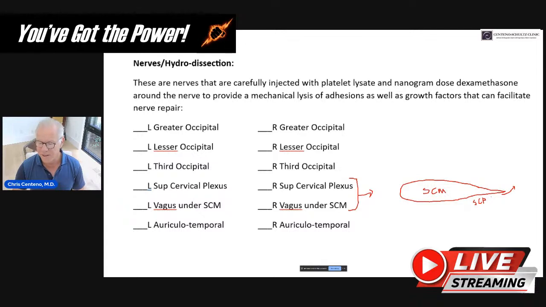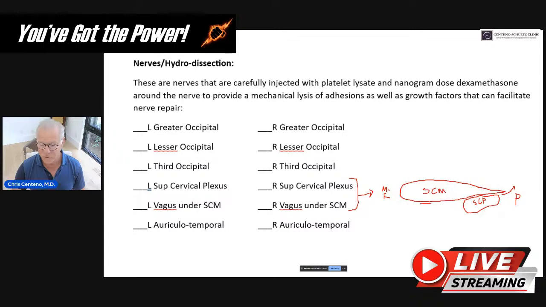And under ultrasound guidance, that means we're hydrodissecting, or we are injecting around that nerve.